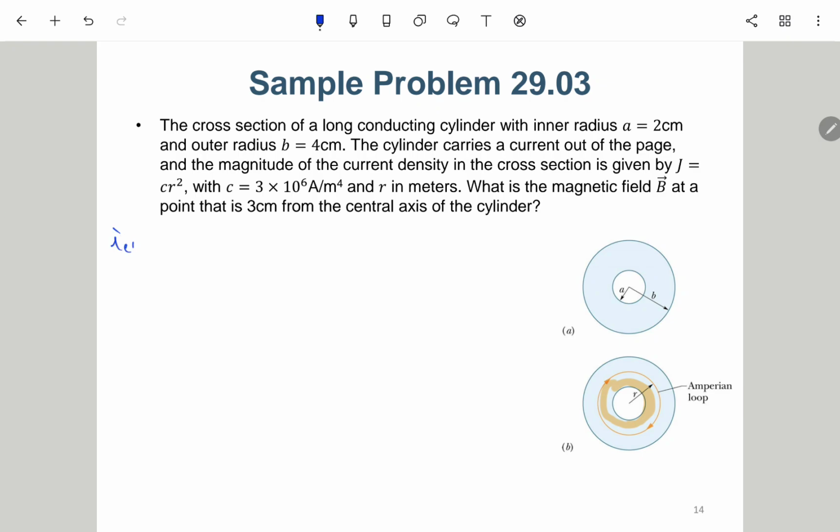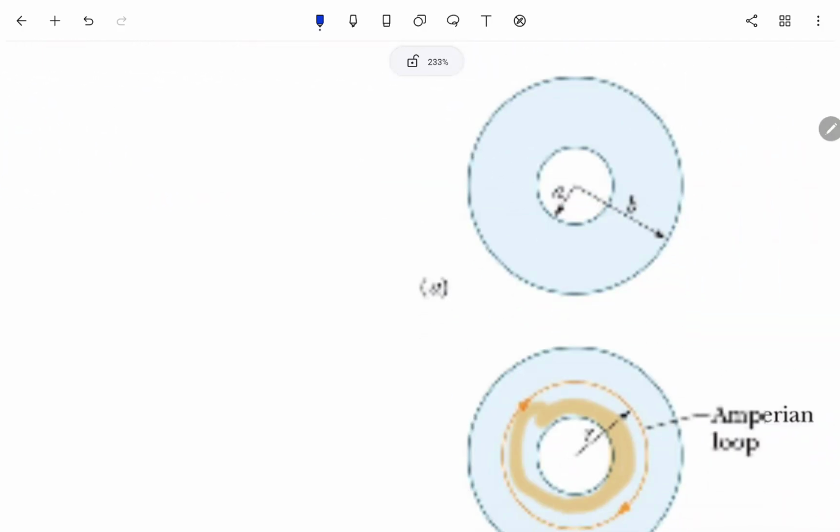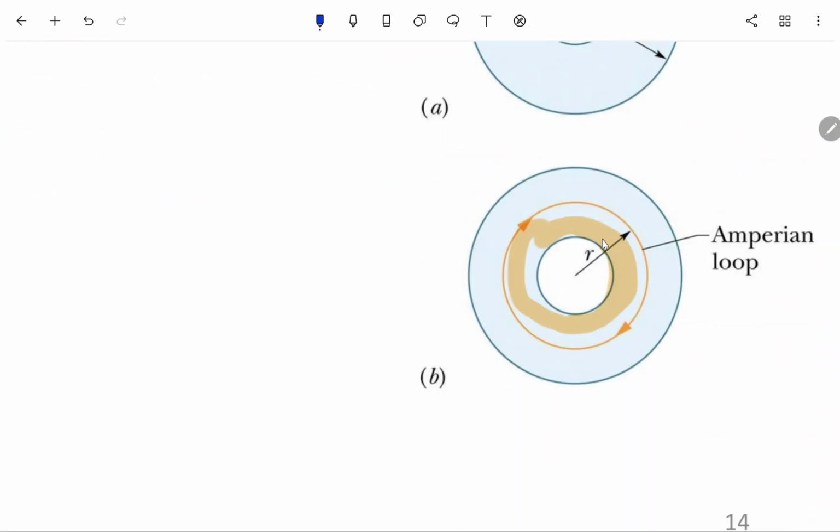So I enclosed will be the integration of J dot dA, or J times dA. We already assume that J and dA actually point in the same direction. In this case, we assume the Ampere loop to be clockwise.